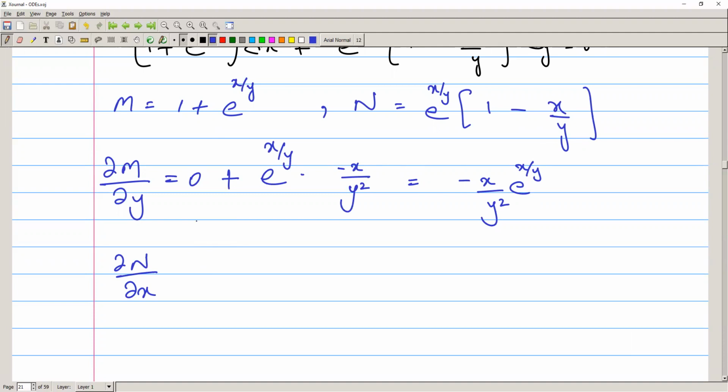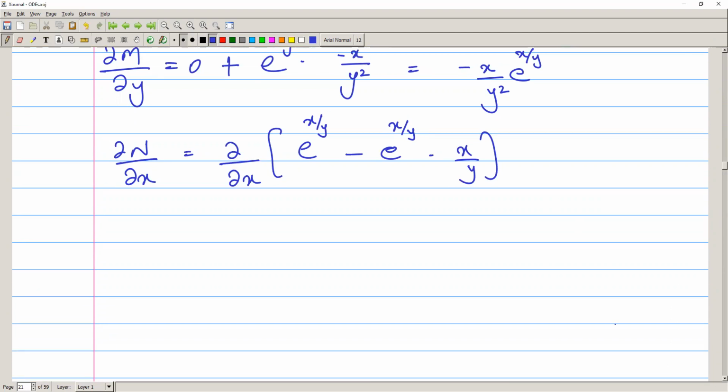Now find the partial of N with respect to x. Just need to differentiate this function, that is N. So with respect to x, let me write it here, no need to confuse. Right, e to the power x over y times 1 minus x over y.